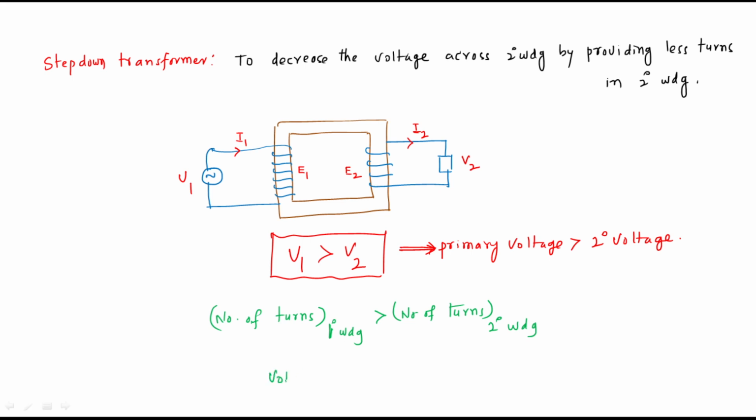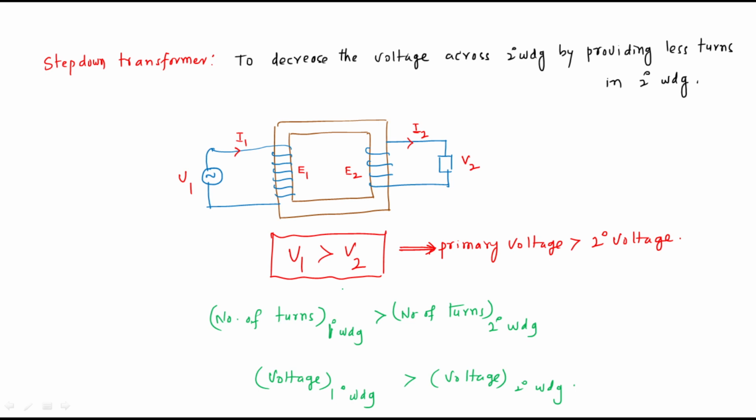Voltage across primary winding should be more than voltage across secondary winding. Simple. You can tell how we can step up or step down the voltage. So in order to step up the voltage, we have to increase the number of turns across the secondary. That is, V1 is less compared to secondary voltage.